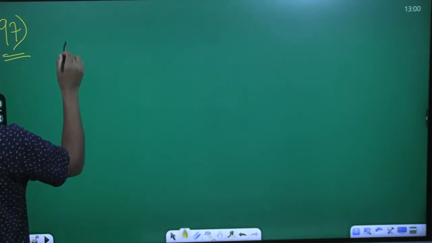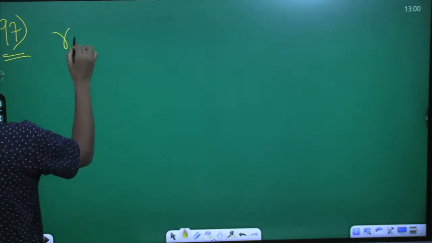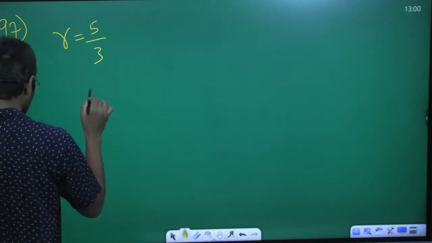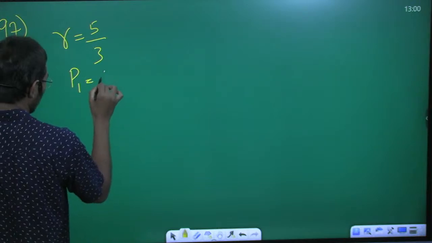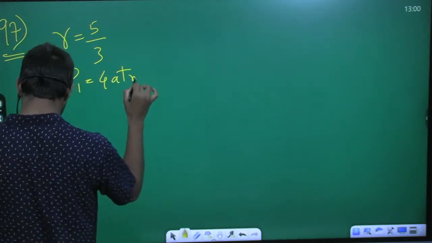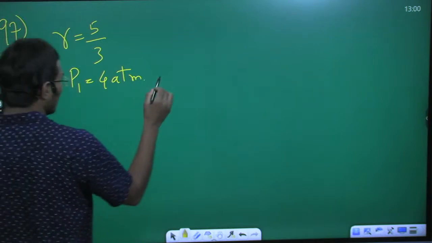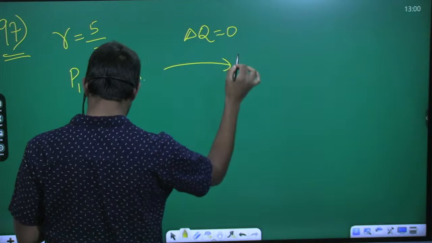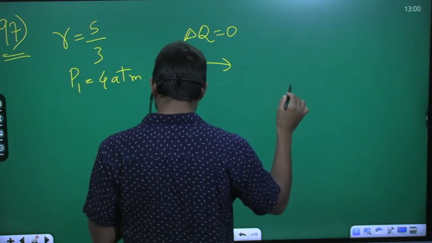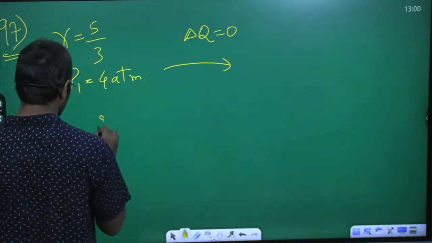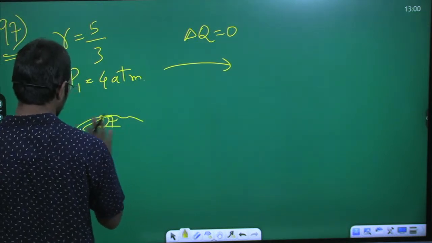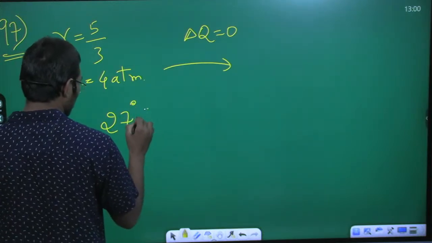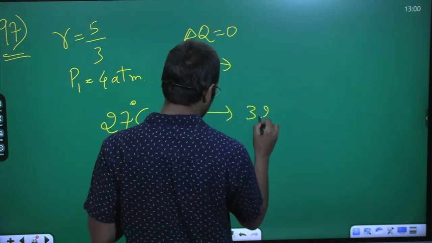A monoatomic gas, given gamma 5 by 3, at a pressure P1 of 4 atmosphere is compressed adiabatically so that its temperature rises from 27 to 327 degrees centigrade.